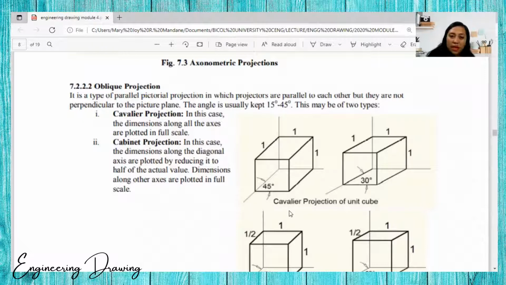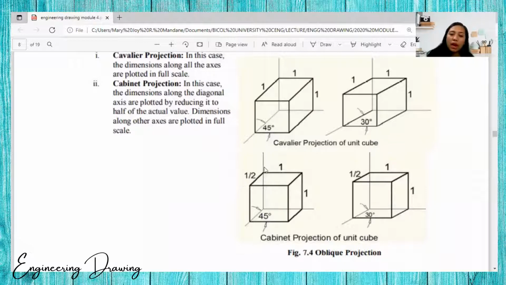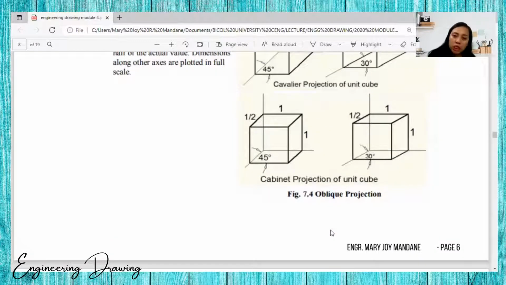But in the cabinet projection, the diagonal is only half. Half, 1/1, half, 1/1, okay? So, that's the difference between the cavalier and the cabinet projection.